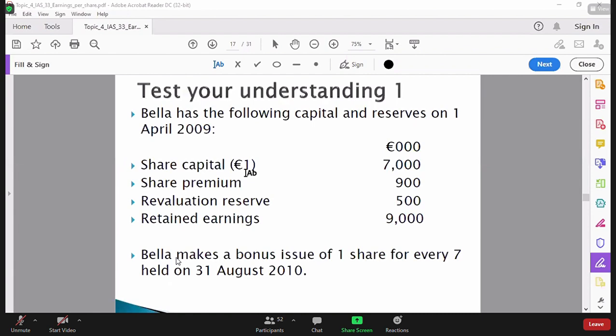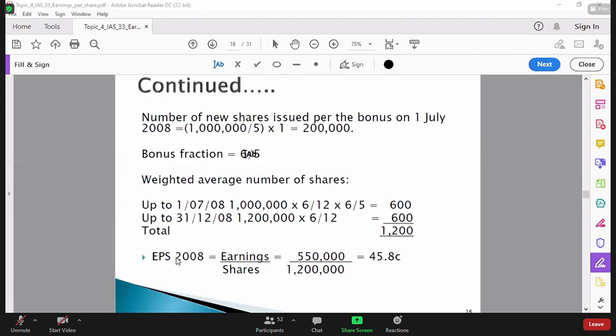7. Divide by 7. So therefore the bonus issue is 1,000. How do you calculate it? It will be this one: the number of ordinary shares. So you have 7,000 just now. Okay, divide by 7. This is the bonus issue 1.